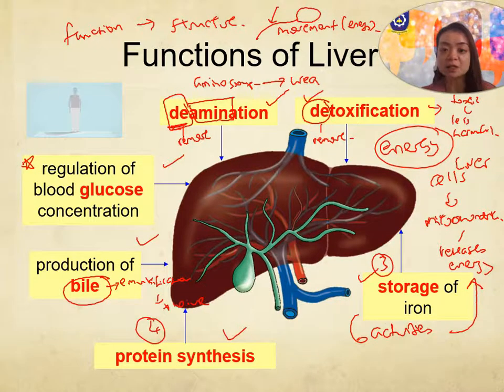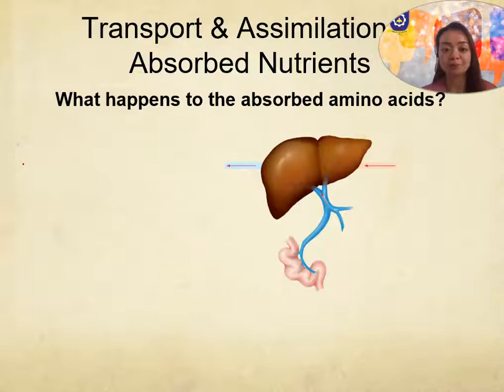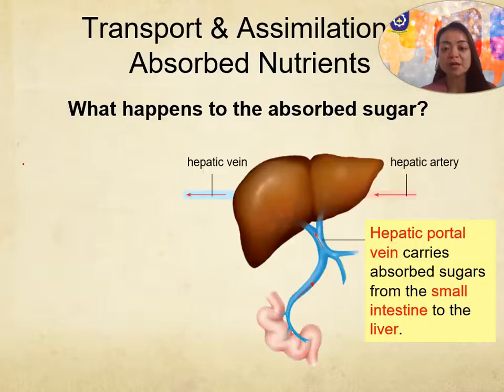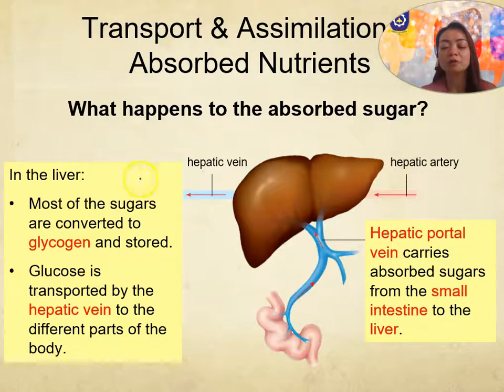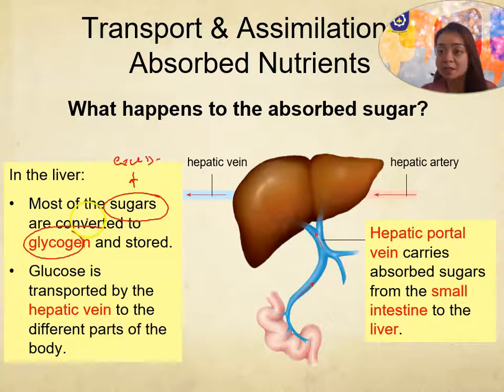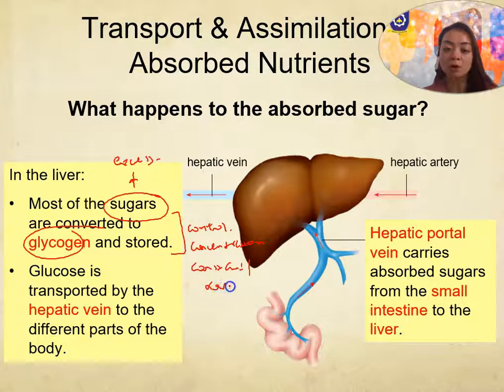So previously, you would know that your liver converts excess glucose into glycogen. And since it converts excess glucose to glycogen, what it actually does is help to control the concentration. What's the meaning of control? It means it helps to keep something constant or normal.